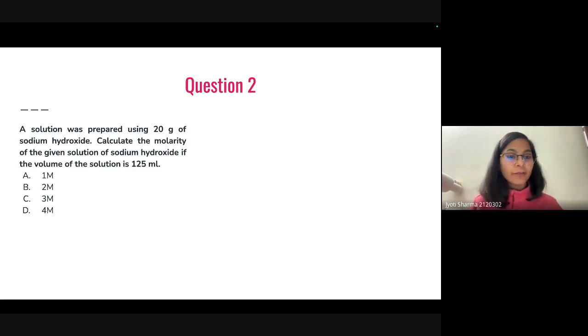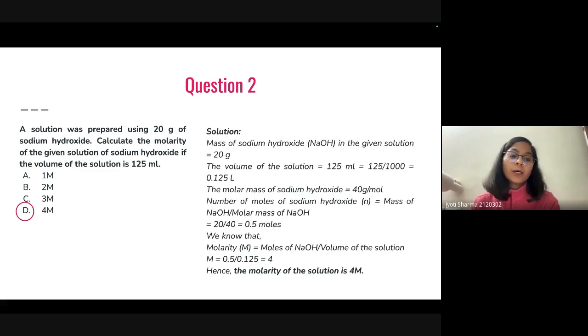So is everyone able to calculate this? If I'm fast, then you can tell me, you can interrupt me anytime. So yes, this is 4 molar, the molarity is 4. And the volume is 125, we calculated it into liter.